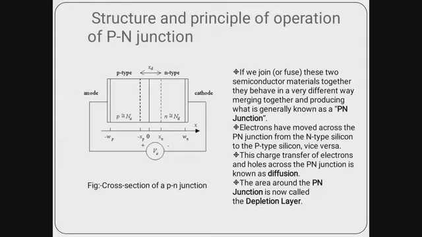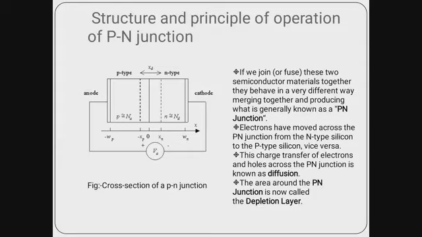And Wn and Wp are the distances which should be moved by the carriers due to the migrations from P to N and N to P. Holes are basically moved towards the n-type bead, and that is denoted by Wn of P. And similarly, electrons are migrating from N to P side, and that is denoted by Wpn, the distance that should be moved by the electrons from N to P side.